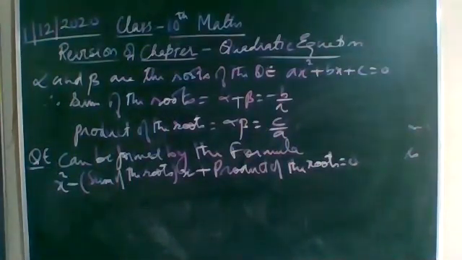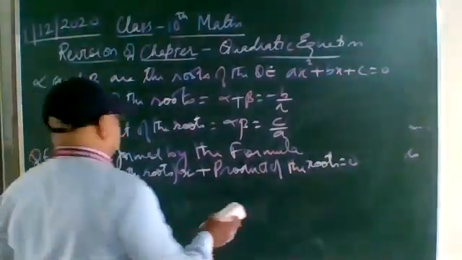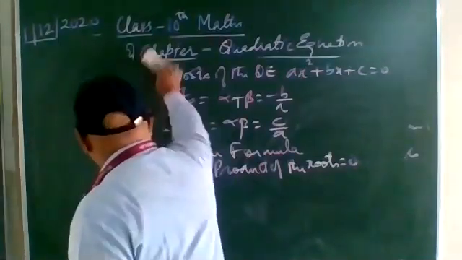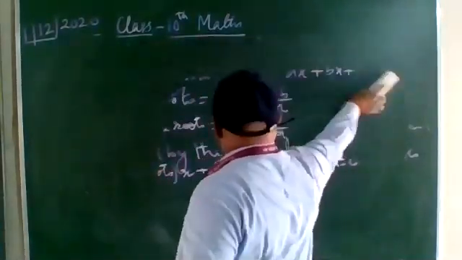These are the formulas to find the quadratic equation. In the next class, we will be solving questions on this topic. So you can go through the chapter revision of this chapter.